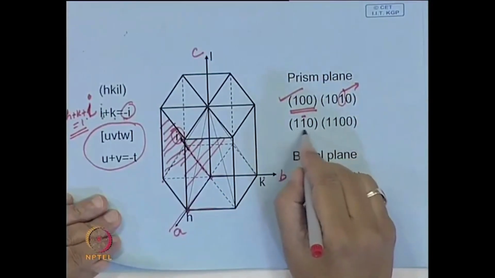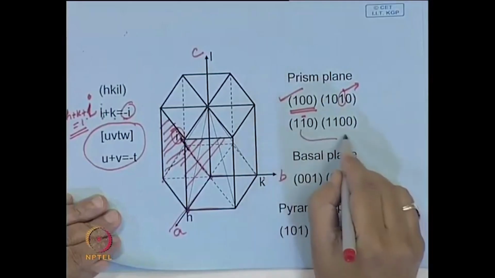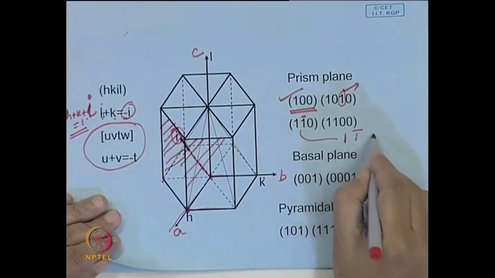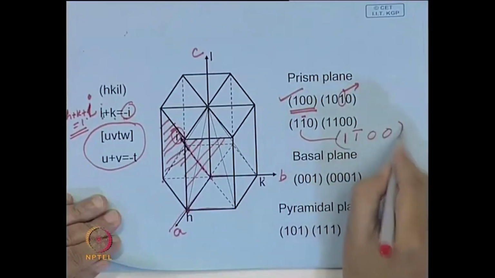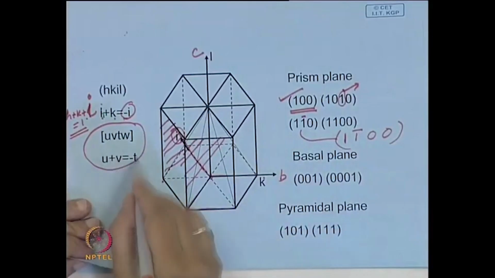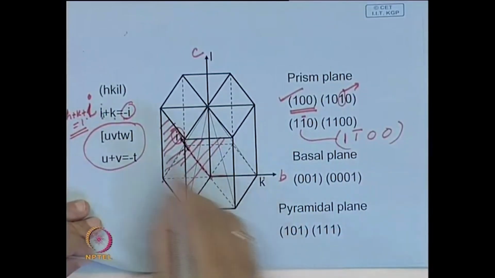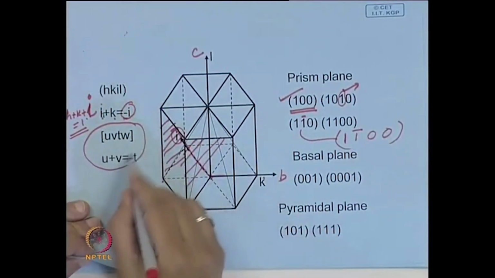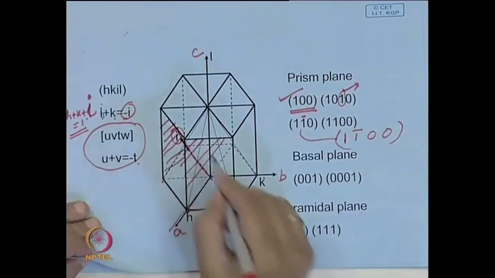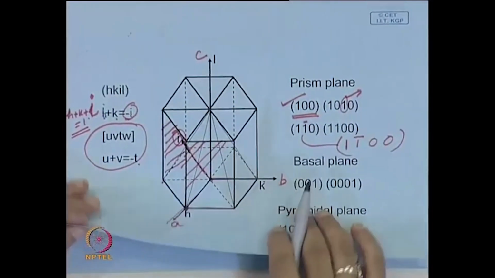So, this will be 1 1 bar 0, it will be 1 bar 1 0 0. So, we will look at it a little later. It is a little complicated. Here the conversion is not as simple in case of a direction as in case of plane.